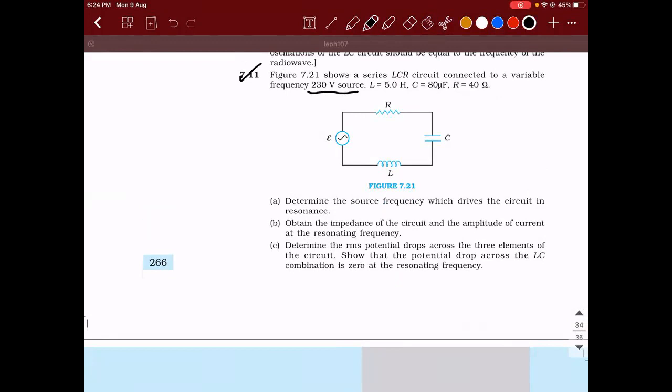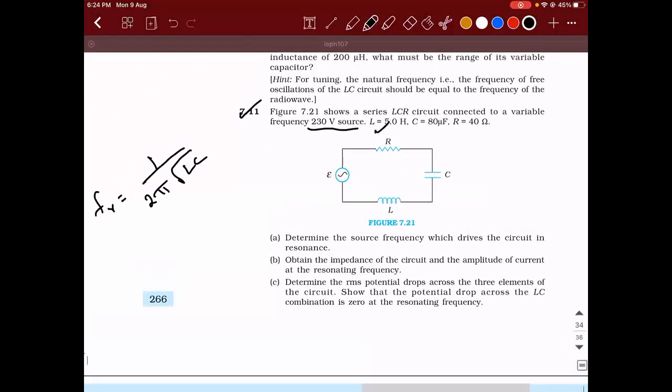So resonance frequency is equal to 1 by 2 pi root of L into C. You know the value of L and C, substitute them here and you will get the resonance frequency. Next, obtain the impedance of the circuit and the amplitude of the current at resonating frequency.